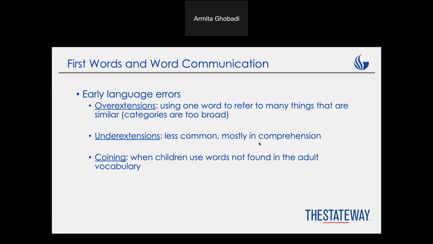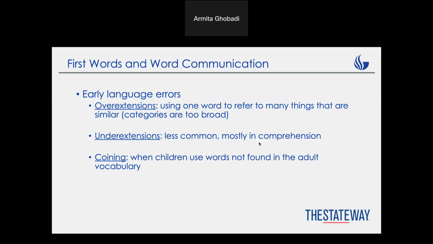Another category is underextensions. This is less common, and this error might happen in comprehension. For example, children know about a dog that is a German Shepherd. It is brown, and this dog's name is Davy.